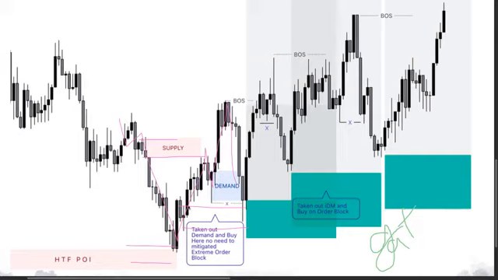Same thing happens here. Tap on this order block and we can buy. Break the structure, taken out the inducement. On this order block, we can buy. Okay. Break the structure, taken out the inducement.